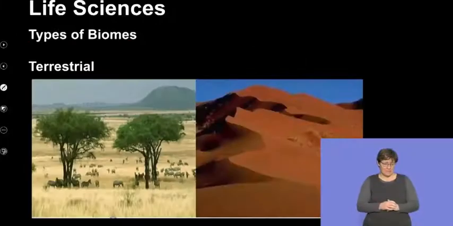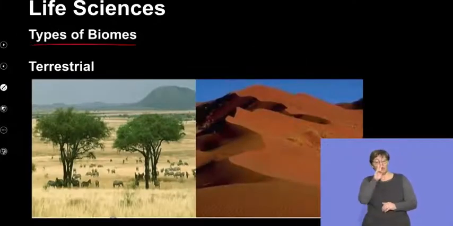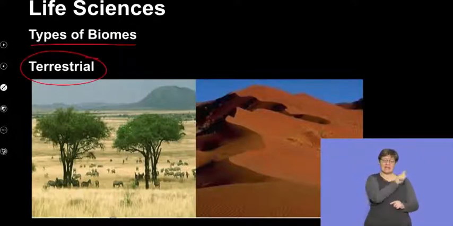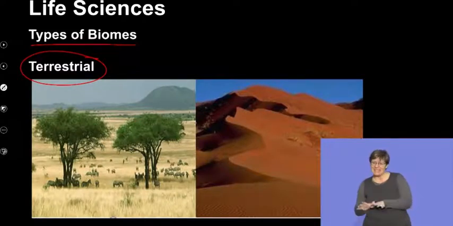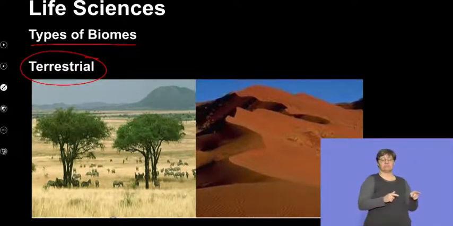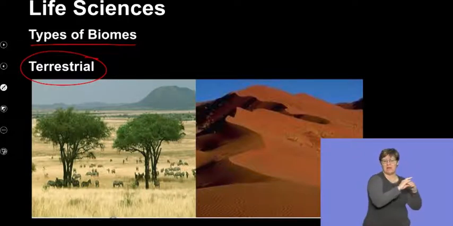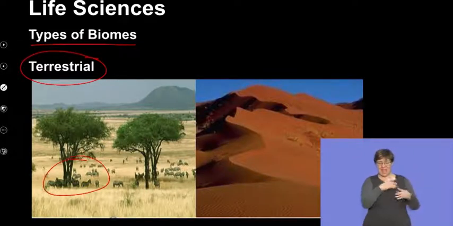Right. So when we look at biomes broadly, we can look at biomes as either being terrestrial or aquatic. And so these images essentially show you two terrestrial biomes. And these biomes essentially point to the complexities as well as the varieties that we experience on land. So here's the grassland biome with a rich diversity of grasses, and you've got your herbivores there.